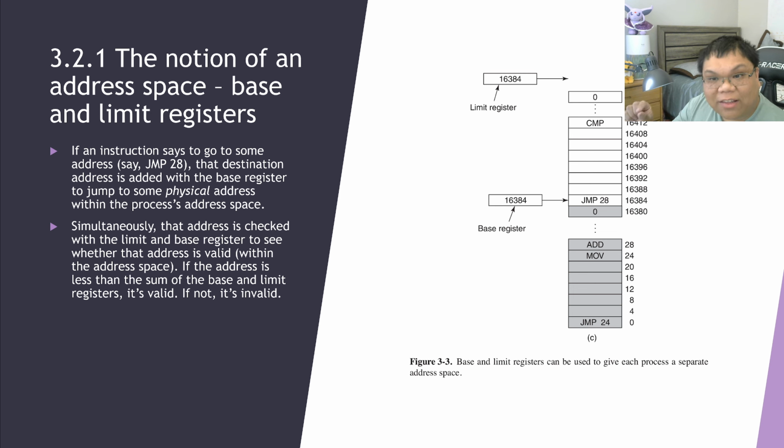The one little detail that I failed to add here is making sure that we don't jump to addresses below the base register. That is also its own check. So we need to make sure that we are jumping to allowed addresses ranging from 16384 to right before 32768. If our address is within that range, we're good.